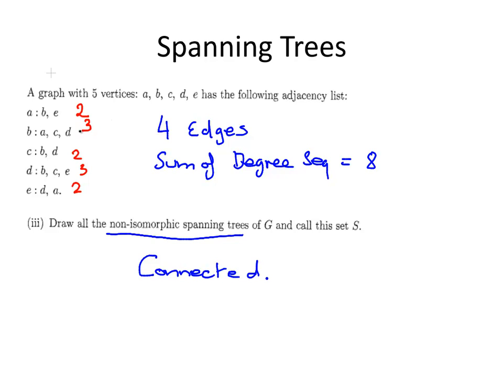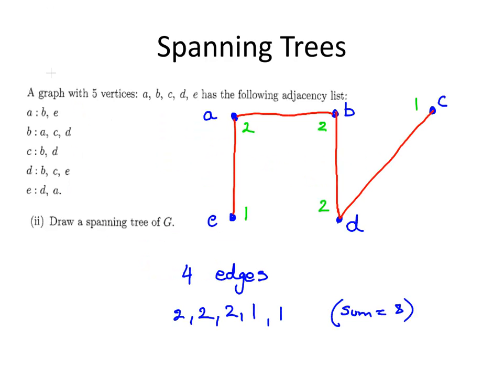That would also be applicable to any spanning tree. So the highest degree of any vertex is 3. And also there's going to be 5 elements in the degree sequence. So draw out all the non-isomorphic spanning trees of G and call this set S. I'm just going to scroll back here for a second and talk about this again.